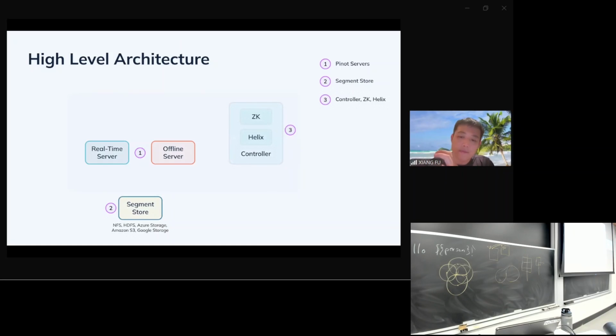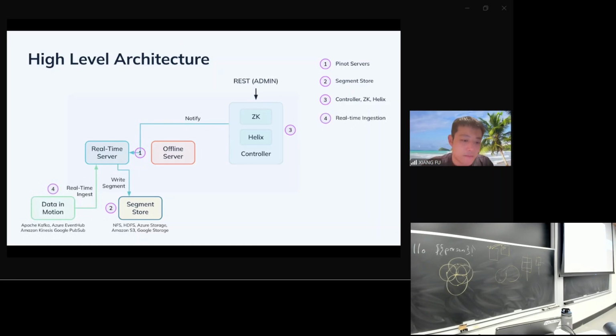Then we have the controller, which internally handles cluster management as well as data management, providing all the REST APIs for the management calls. The real-time data comes from, for example, Kafka or Kinesis, those kinds of real-time data sources. We can quickly write data into the real-time server and index it, and meanwhile we persist the data to the deep store as well.